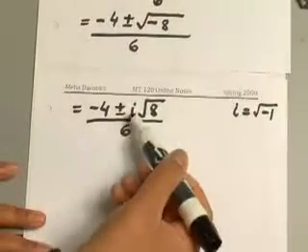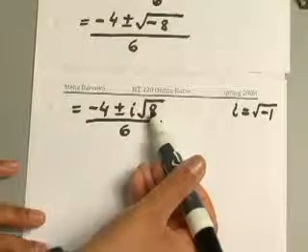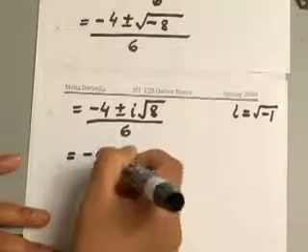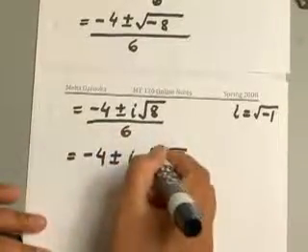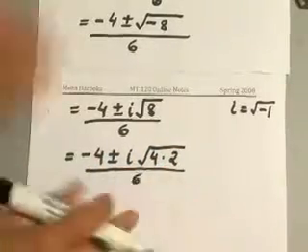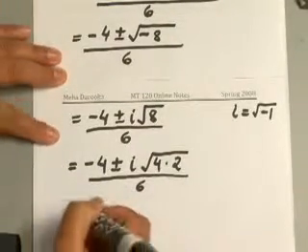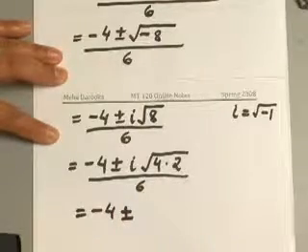Okay, now that we got rid of that negative sign by using the number i, we are ready to simplify square root of 8. So again, negative 4 plus or minus i. You can write 8 as 4 times 2, 4 being the perfect square. Divide the whole thing by 6. Okay, so you will end up with negative 4 plus or minus.